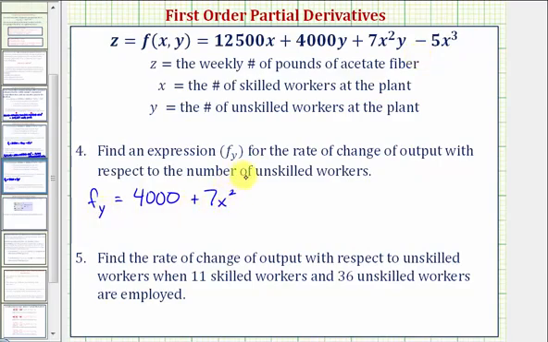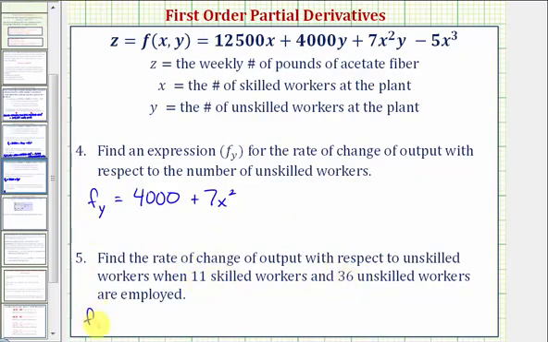In our last question, we're asked to find the rate of change of the output with respect to unskilled workers when 11 skilled workers and 36 unskilled workers are employed. So because we're measuring the change in output with respect to the unskilled workers now, we want to evaluate the partial derivative with respect to y when x equals 11 and y equals 36.